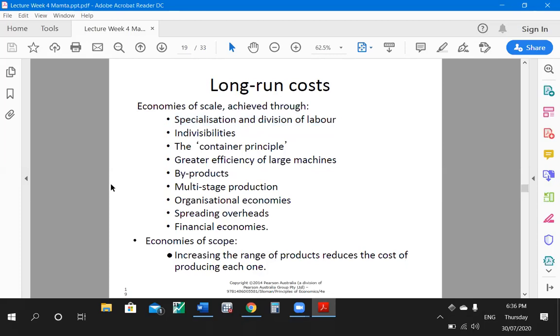Greater efficiency in large machines. As I said, large machines. If you look at someone producing chips, a big company, let's say Smith's Chips, you will see they have a huge setup.